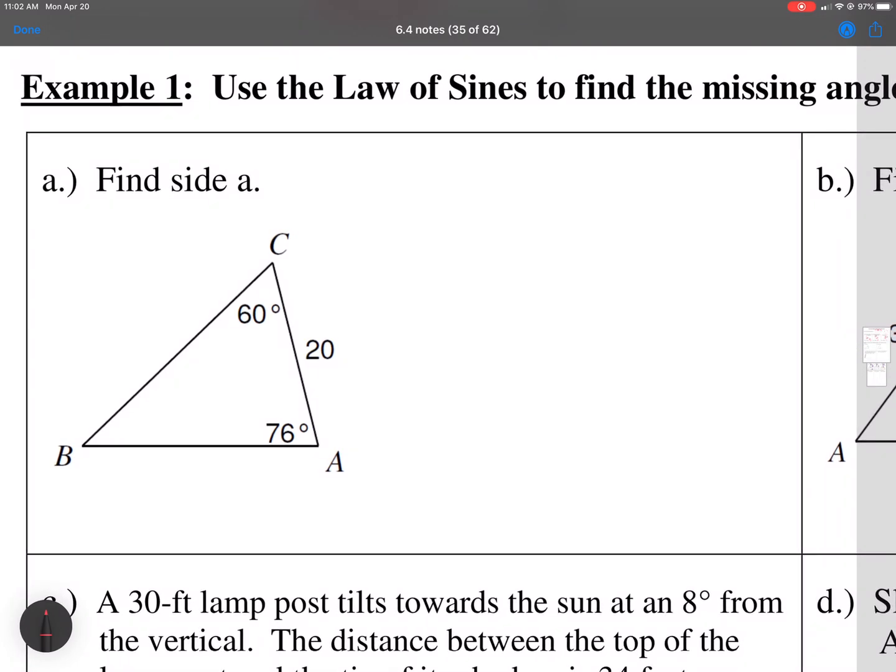So this type of triangle is angle, side, angle. So we can use the law of sines. We're going to find side a, so that would be this corresponding side here. So we just set up the ratio.